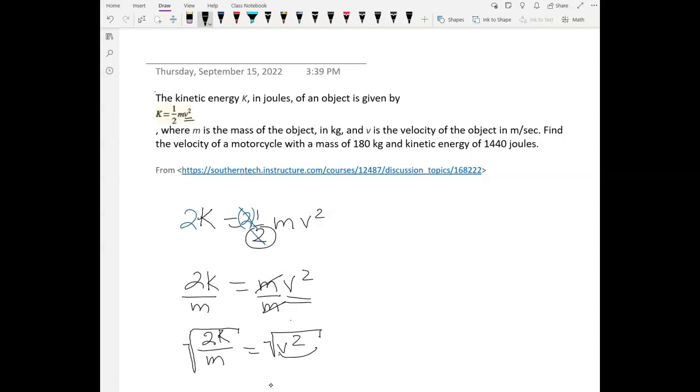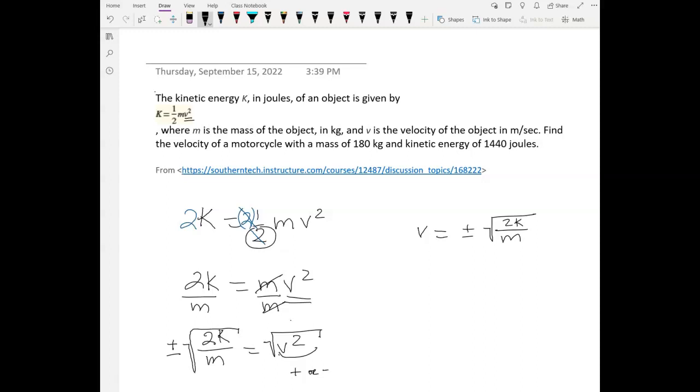So V is either positive or negative, and I have to show that in my answer. So I need to put the plus and minus in front of the square root. And so my answer is going to be V is equal to plus or minus the square root of 2K over M.